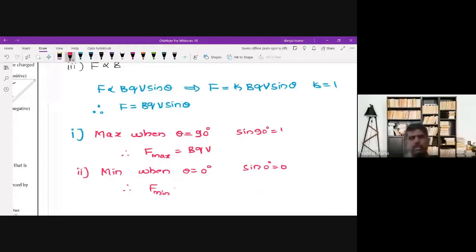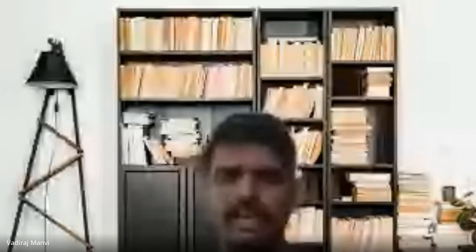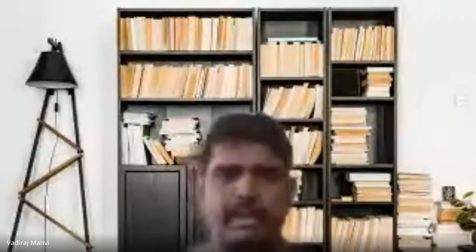Remember, whenever a charged particle moves parallel or anti-parallel, even if I take theta 180, sin 180 is 0 again. Therefore, I can say whenever a charged particle moves parallel or anti-parallel to the magnetic field, again it is going to experience minimum force or zero force.